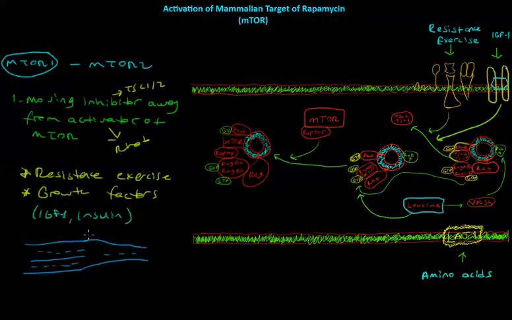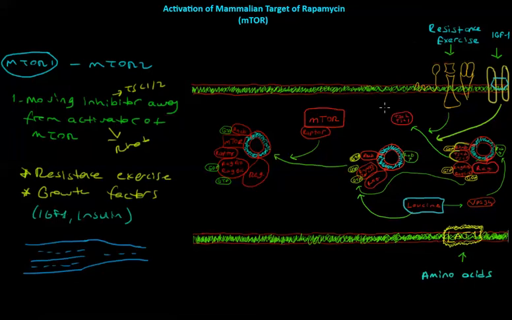So that's why when we look at it from a biochemical point of view, we can say that taking extra insulin or IGF-1 or any other growth factors doesn't do any good in terms of gaining muscle mass, which makes sense, right? As you see, both resistance exercise and IGF-1 do the same thing, moving inhibitor away from activation site of mTOR. So it doesn't make sense taking extra insulin or IGF-1 because they're gonna do the same thing, right?